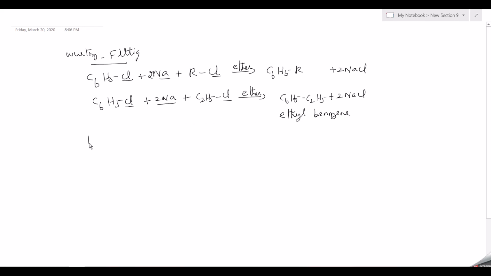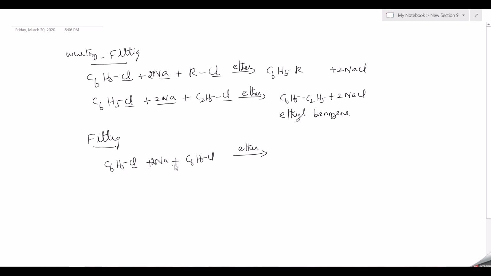Next we will go to Fittig reaction. So according to Fittig reaction, you have to take chlorobenzene on treatment with sodium and another chlorobenzene. So you have to take 2 molecules of chlorobenzene on treatment with sodium in dry ether. So you take 2 molecules of sodium here.